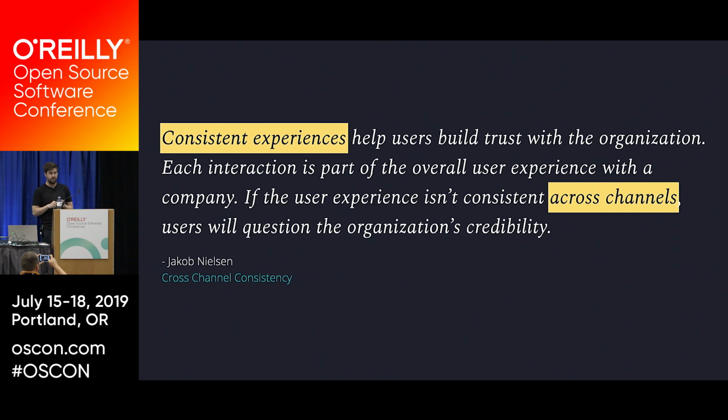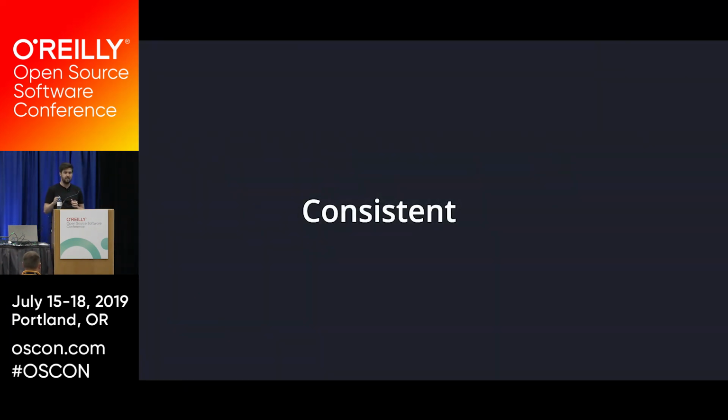And I do want to clarify consistent experiences here, because in my mind, consistency does not necessarily mean that everything has to look exactly the same. So mobile apps don't need to be a shrunken version of your web app. An iOS app doesn't need to look exactly like the Android app. Your marketing site doesn't need to look exactly like your application.